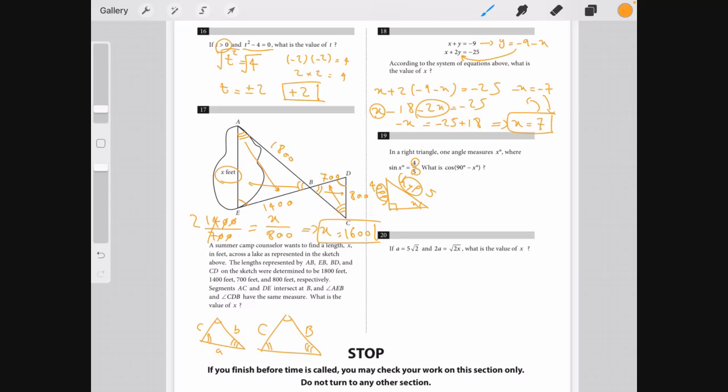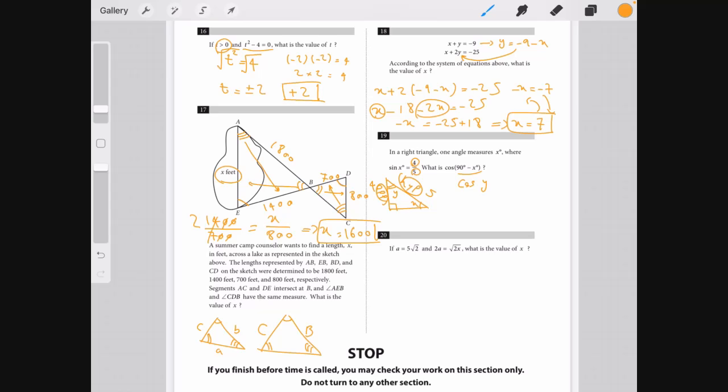Now we want to find cosine of 90 minus x. Now look at this cosine of 90 minus x. It's basically the other angle. Let's say this is y. So basically it's cosine of y, because the measure of y is 90 minus x.